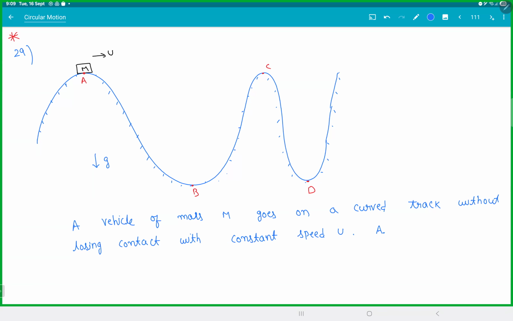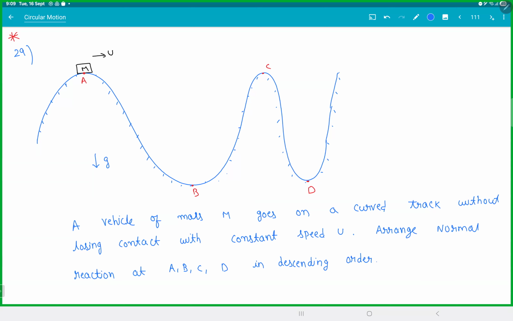So arrange the normal reaction at A, B, C, D in descending order. There will be a normal reaction between the block and the floor at the 4 points. Let's get this.